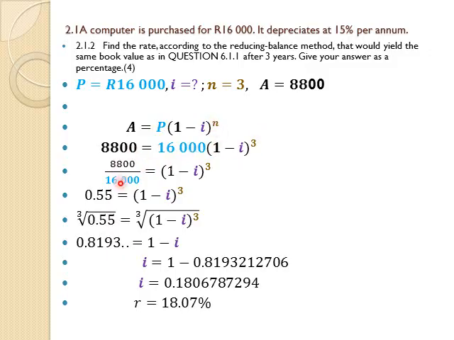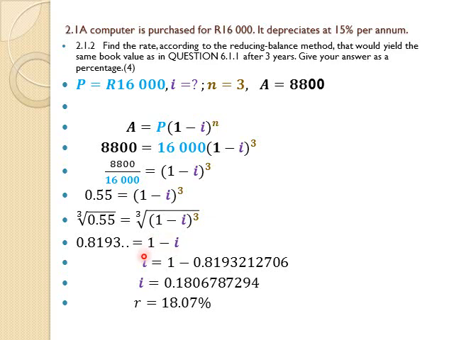8,800 divided by 16,000 gives me 0,55. I'm left with 1 minus I to the power 3. To get rid of the exponent 3, I'm going to find the cube root or third root. So I'm left behind with 1 minus I. The third root of 0,55 comes to 0,8193, continuing.